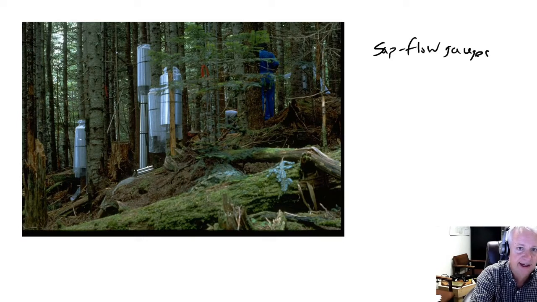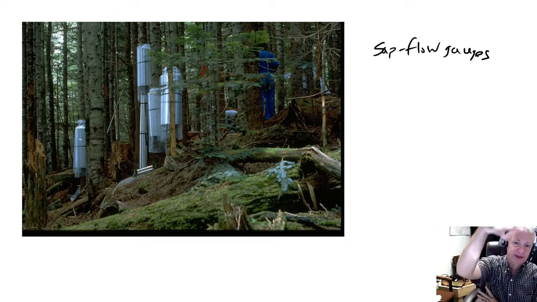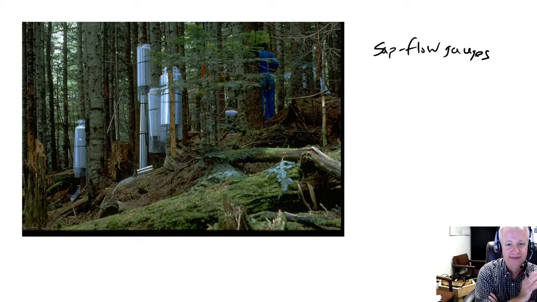And there are a number of different theories and types of instruments and types of sap flow gauges that are used, but they all use heat in some form as a tracer to measure the movement of water past the sensors. Now, there's a lot of literature on sap flow and a lot of information on how to properly scale those sap flow measurements.